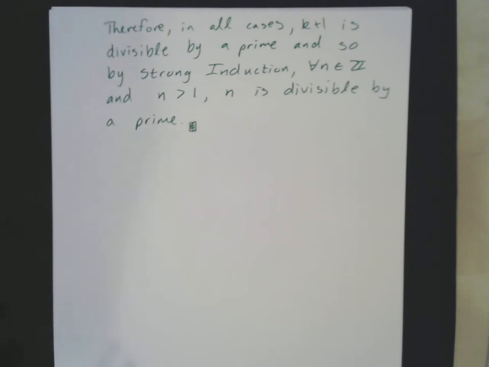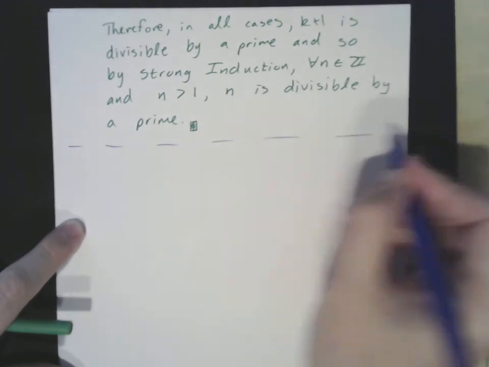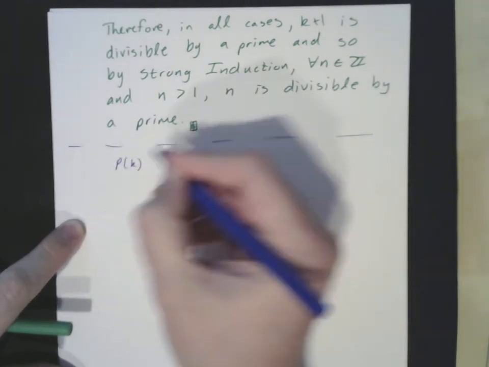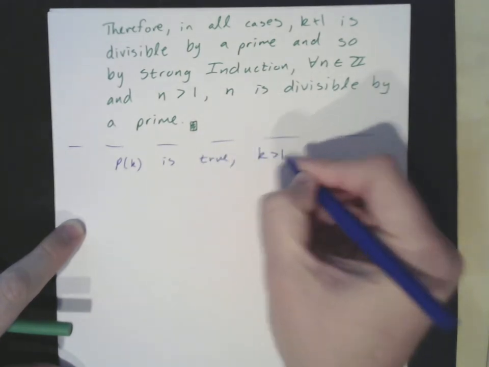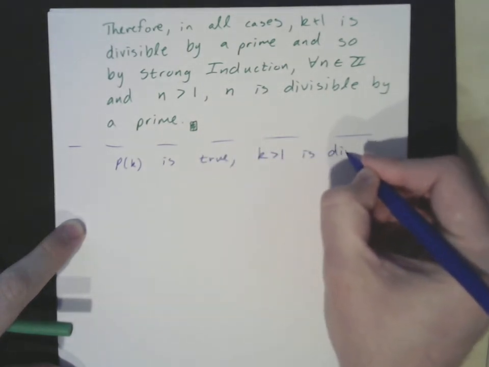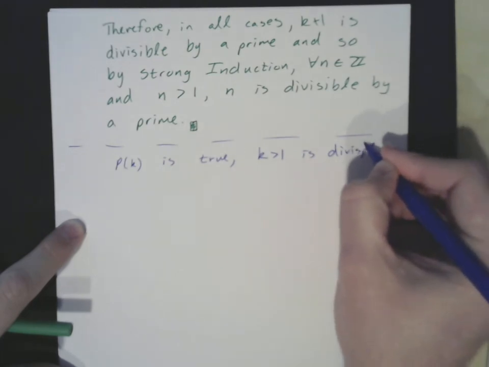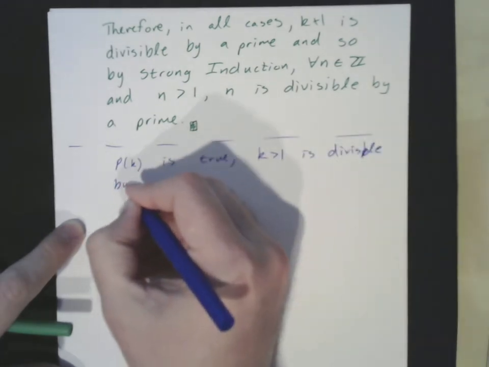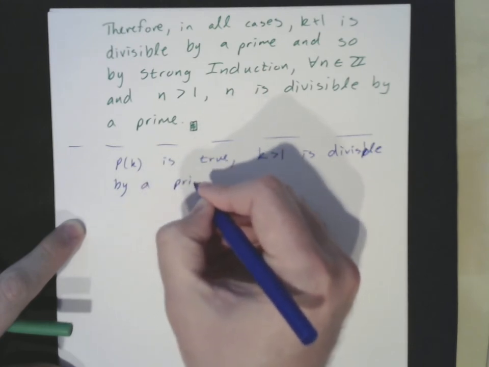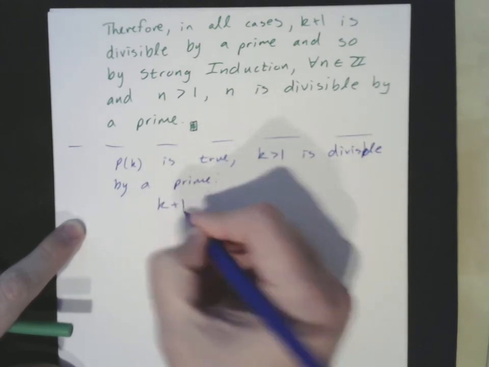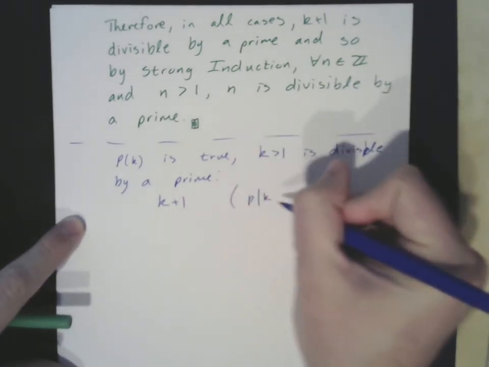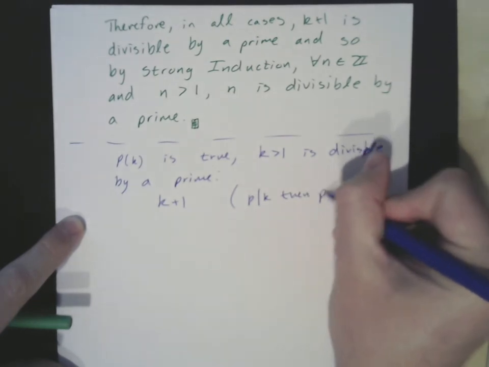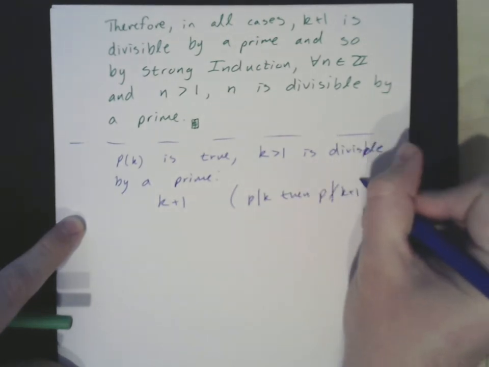If we used regular induction and we said P of K is true, that is, K greater than 1 is divisible by a prime, and then we look at K plus 1, well, we've already shown that if P divides K, then P does not divide K plus 1.